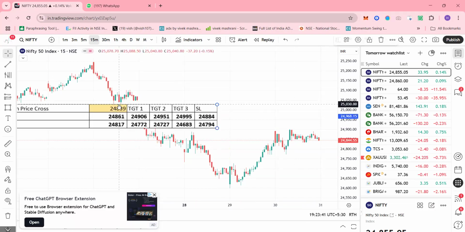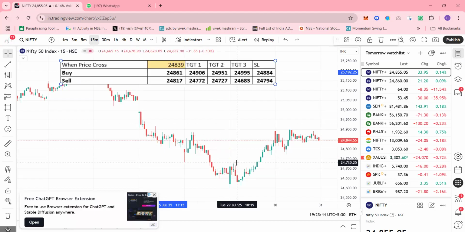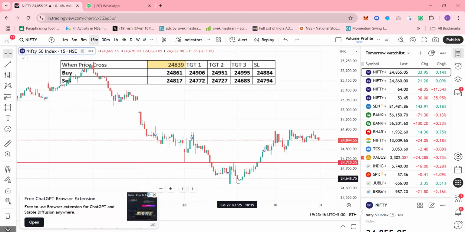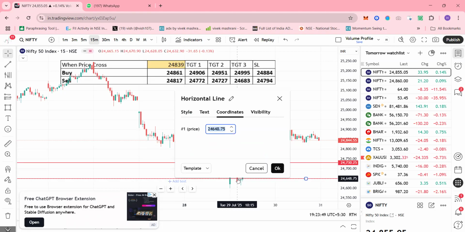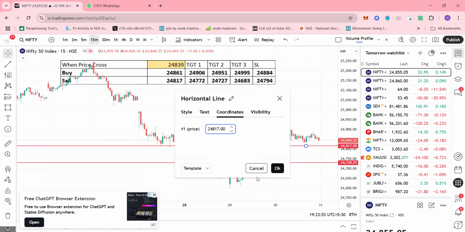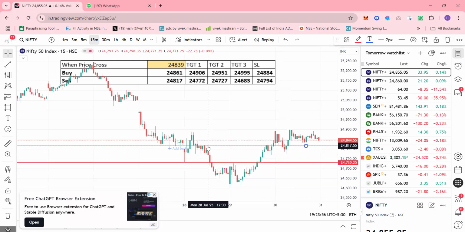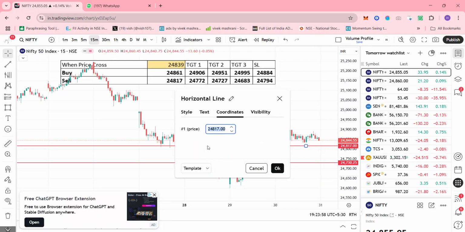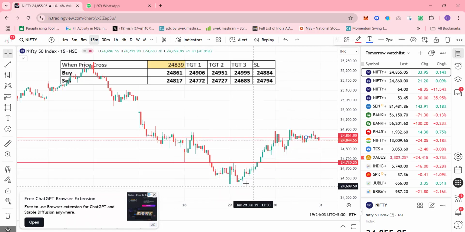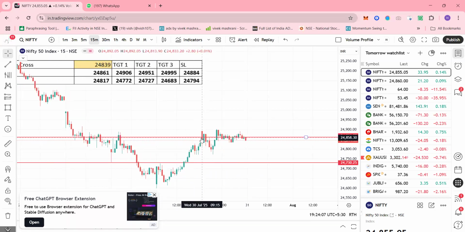So it says 24,817 I sell, or below 24,817 I sell, or I go long above 24,861. Okay, and the target, this one is today. So the sell side did not get activated, but the long side got activated, I think somewhere around 11:15.